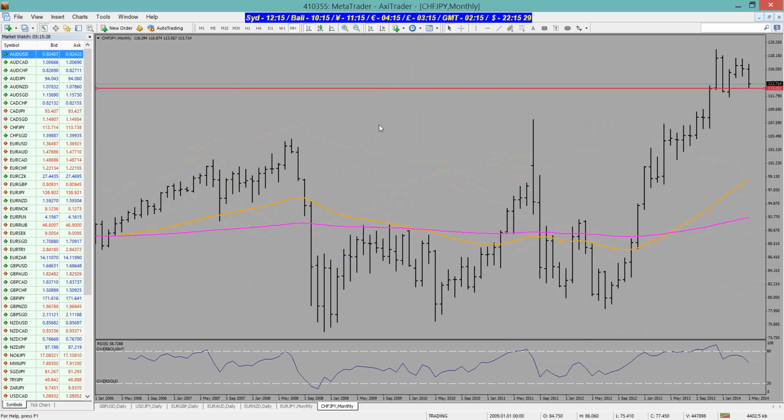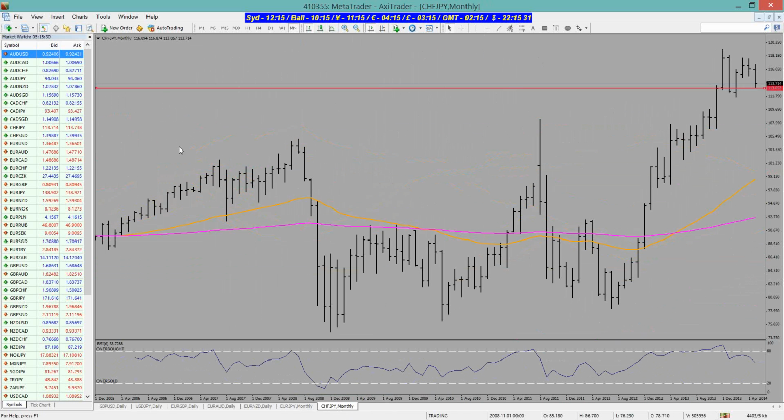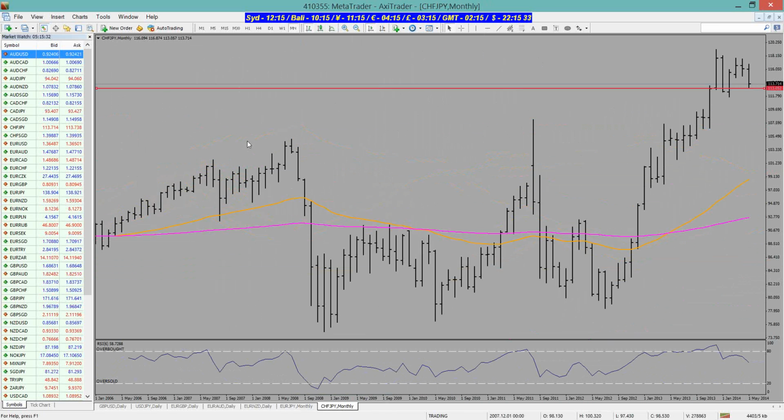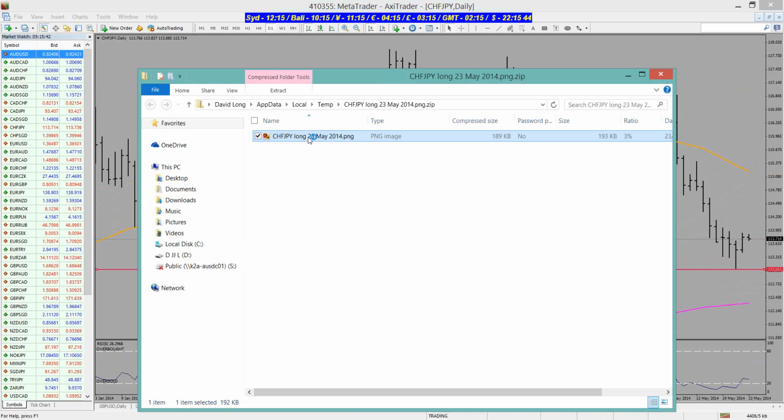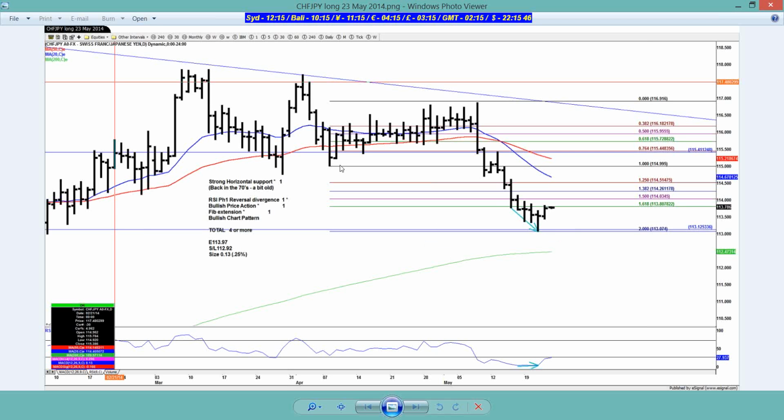My data can't go back that far, but I think there was some work around up here. So I'll presume your analysis is correct in that these are strong horizontal, back in the 70s.